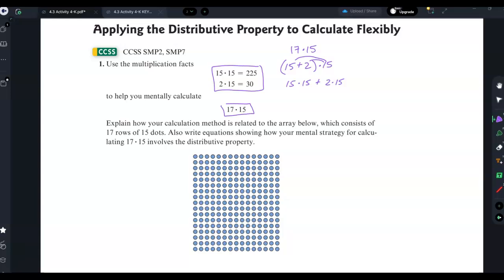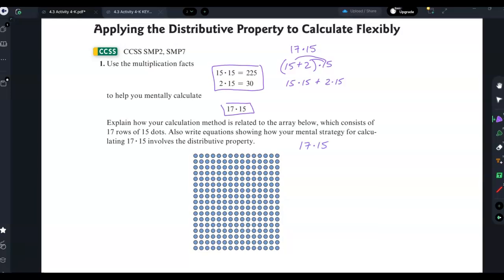And then I want to also relate that to the picture. So explain how that calculation method is related to the array below, which consists of 17 rows and 15 dots in each row. So what I'm going to do is I'm going to split this up into some different colors. So I started with 17 times 15, and I'm just going to put this where I have some more room since they want some equations here.